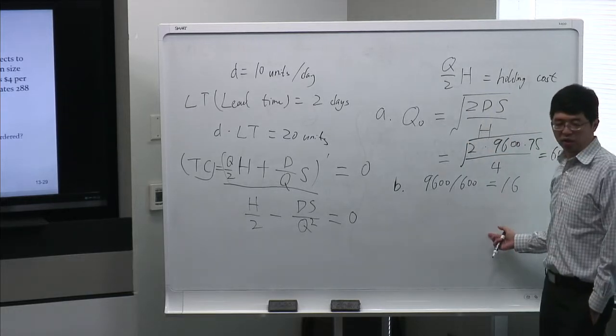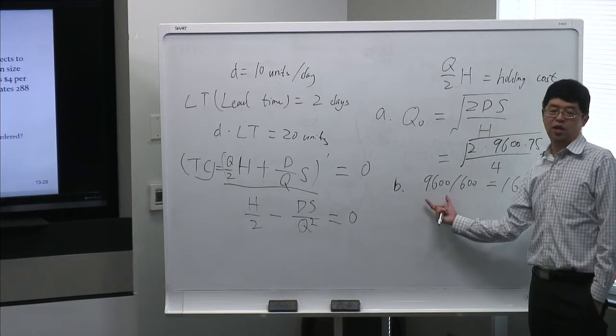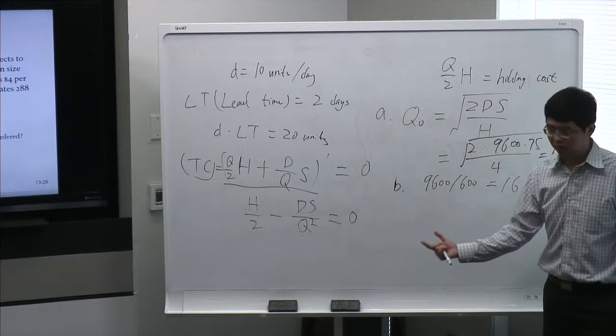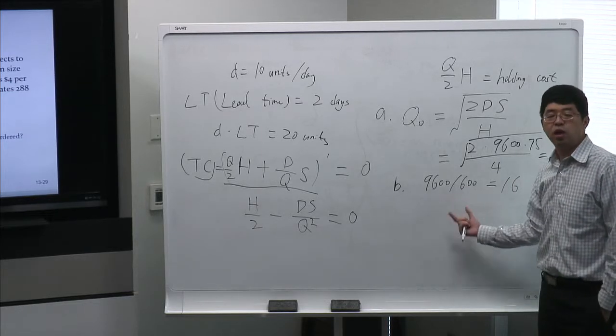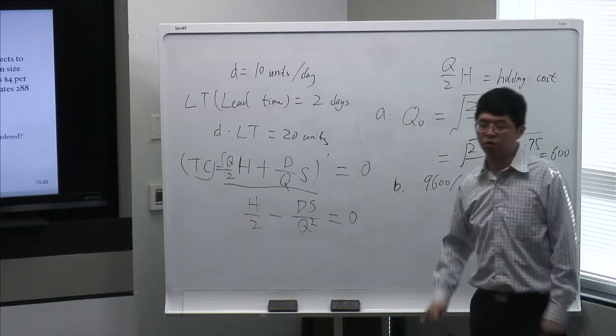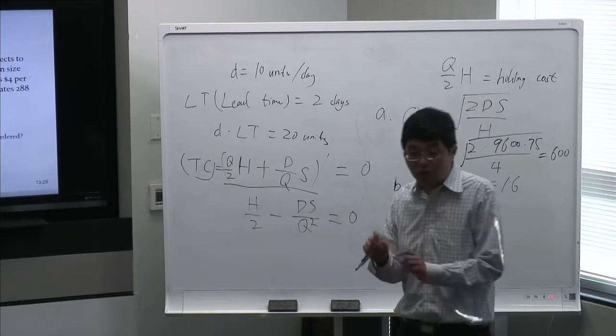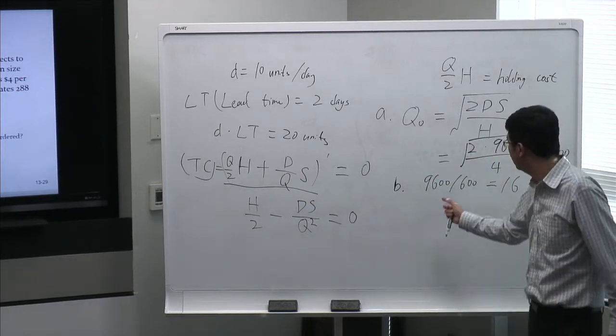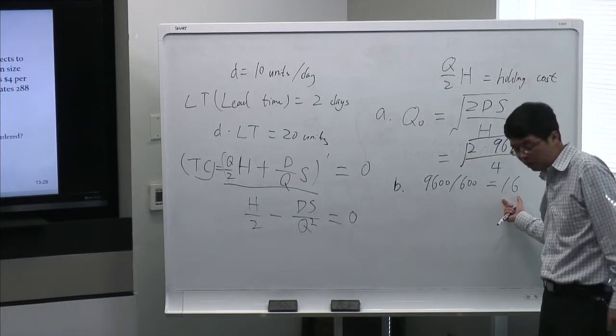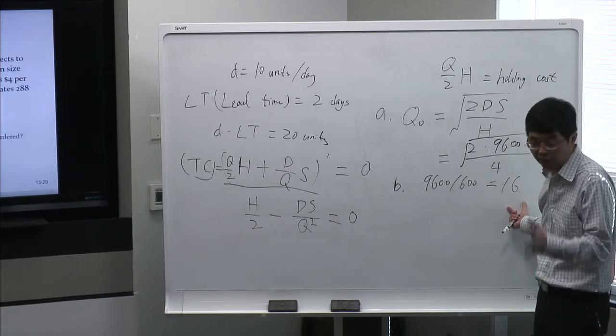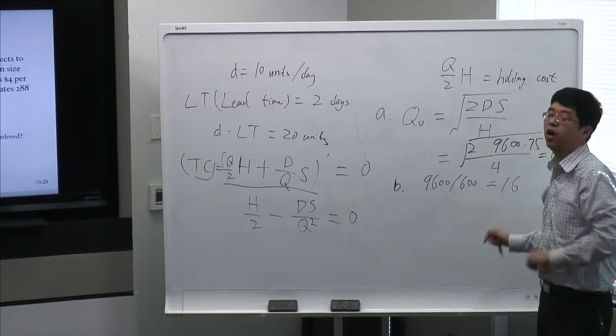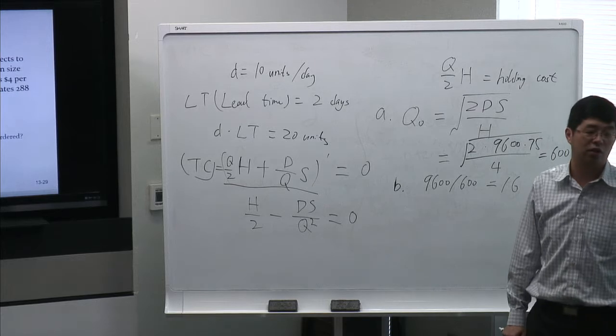Why do we use this formula? Because 9,600 is your annual demand, and 600 is the quantity every time you receive an order. To satisfy your demand for the whole year, 16 orders are necessary. We need exactly 16 orders to satisfy our annual demand of 9,600.